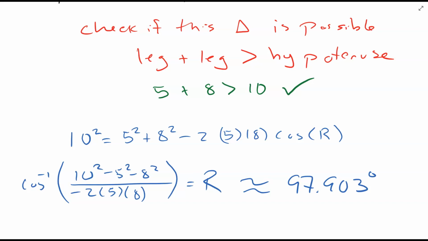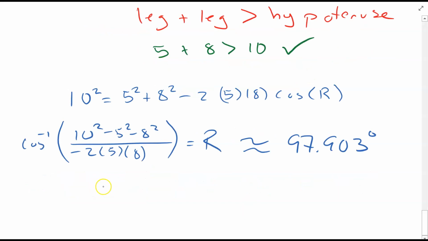To find my next angle, I could do the same thing. I could use the law of cosines again, or I can use the law of sines. Doesn't really matter. I'm going to use the law of sines. Does it matter which angle I solve for next? It does not.